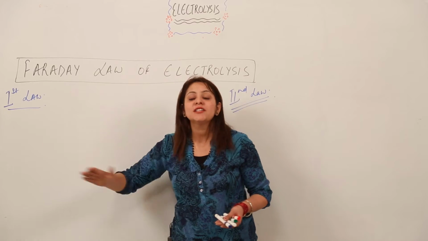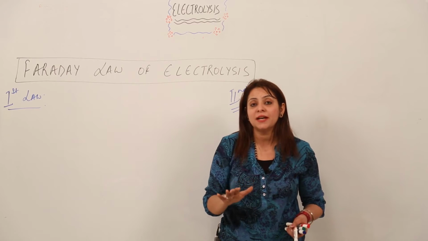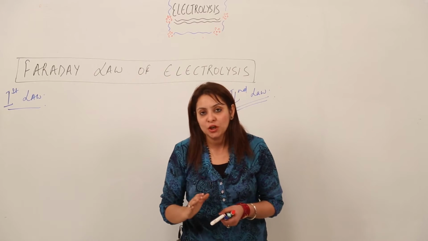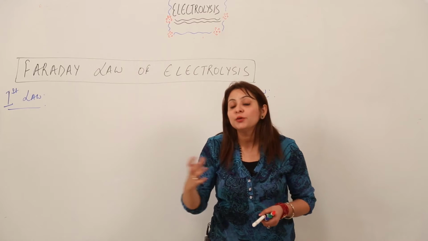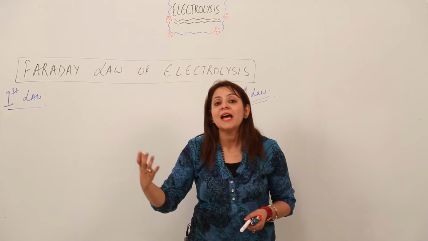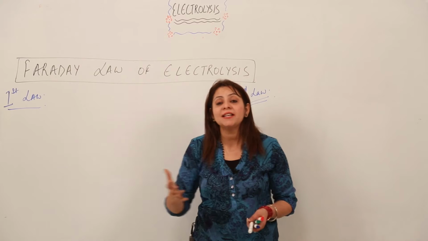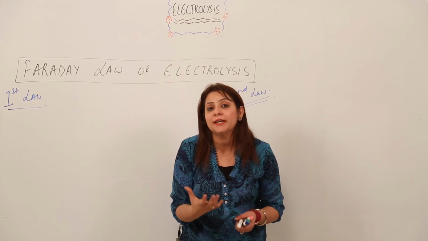The first law states that, as you all know, whenever we carry out the electrolysis, you get a substance at the electrode. You get a pure substance at the end of electrolysis at the cathode. So, this law states what weight of substance you get after the electrolysis.